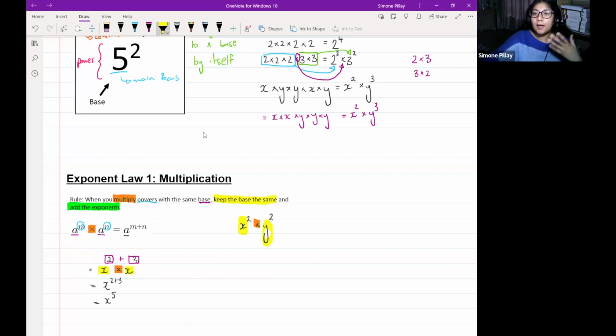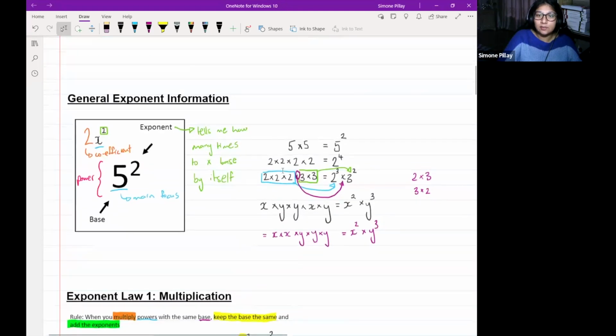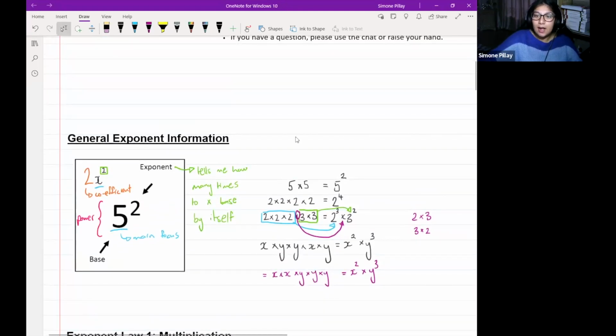I can't apply law 1. My answer is just going to sit as it is. I can't simplify this anymore. This is my answer. And you'll see that's kind of what happened up here, I was left with my answer as x and y and x and y. So when I have multiplication, but my bases aren't the same, there's nothing more I can do with that. That's my final answer.